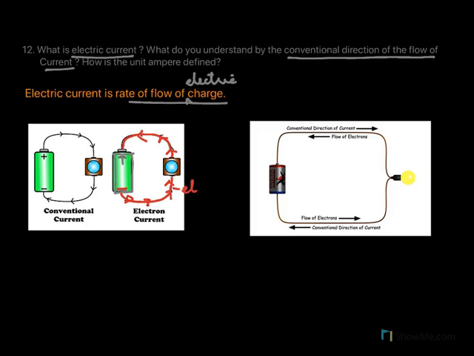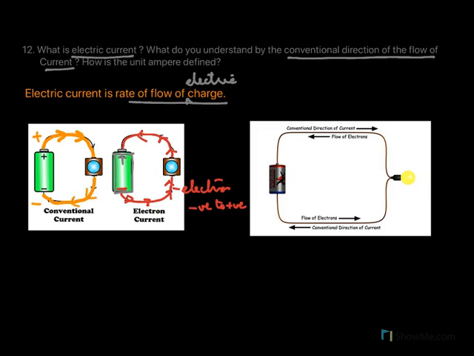Electrons flow from negative to positive. But we imagine that current is flowing from positive to negative, because, as I explained earlier, everything in nature flows from positive to negative, from high to low. So electrons flow from negative to positive, but we imagine that the current is flowing from positive to negative.